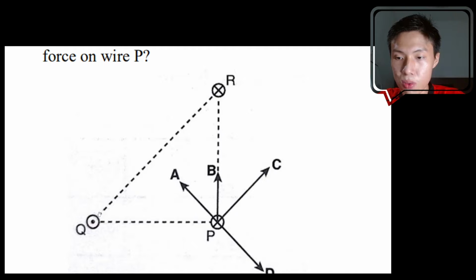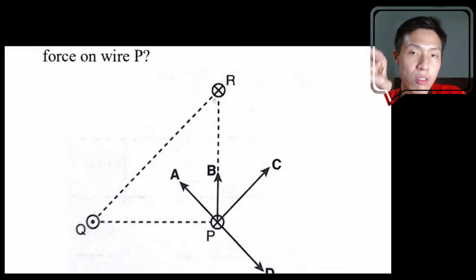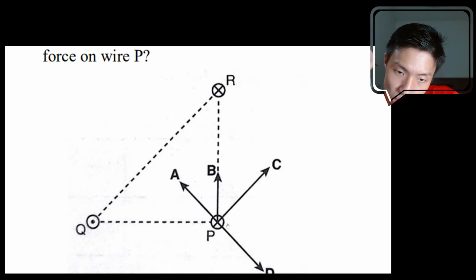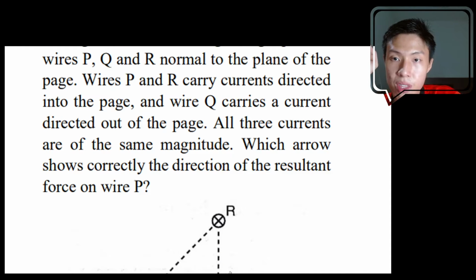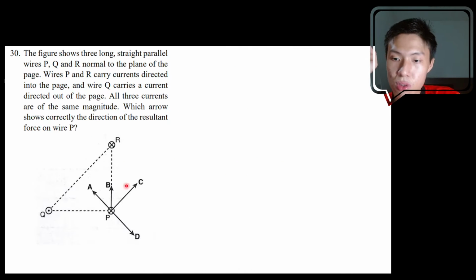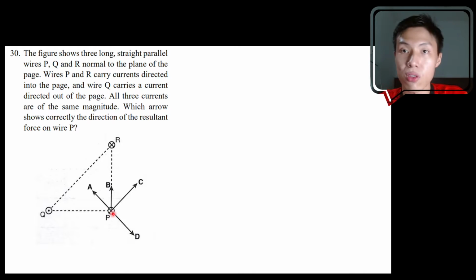These wires have current. In wire Q, the current is flowing towards you, pointing out of the page. For wire R, the current is pointing into the page, flowing into the screen. Wire P carries current that is directed into the page, so wire P also has current flowing into the screen.